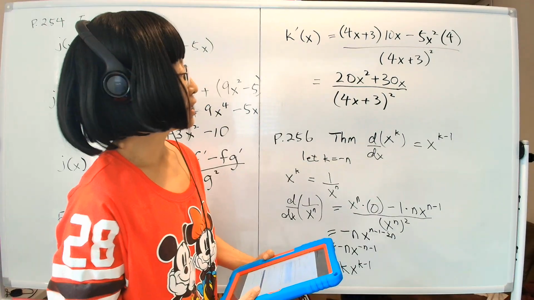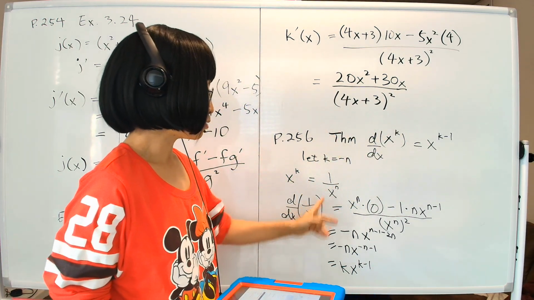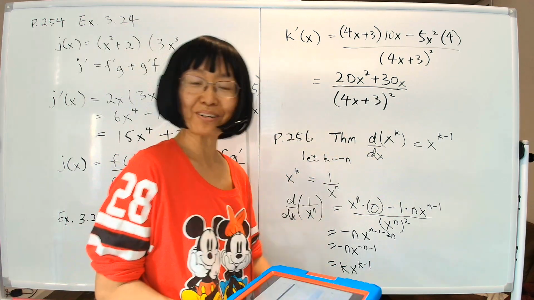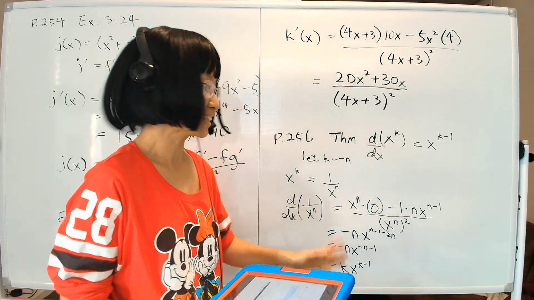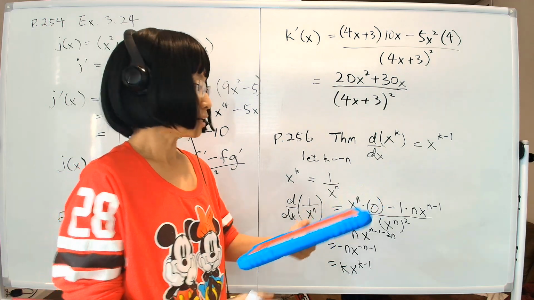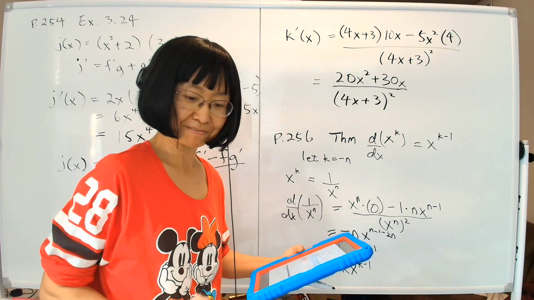Which shows that the power rule works, whether the power itself is positive or negative. You can just blindly use the power rule regardless of what the power is. So that's very nice that way. And in this case, we're only talking about the power as an integer, positive or negative.